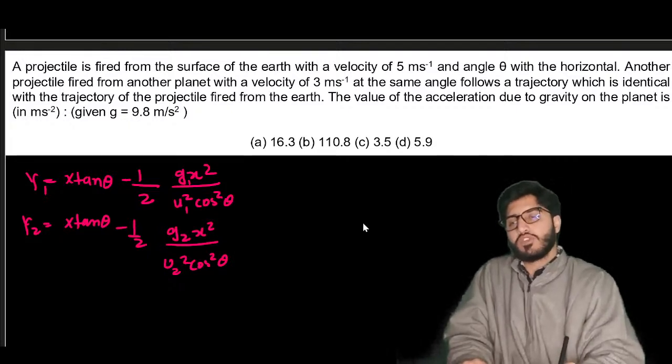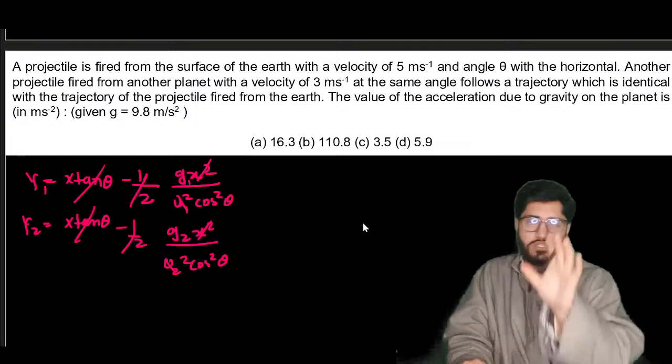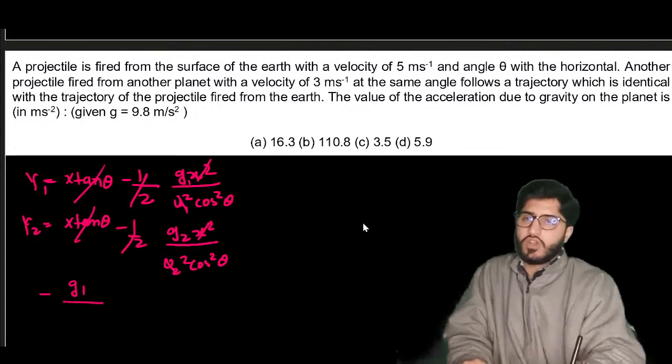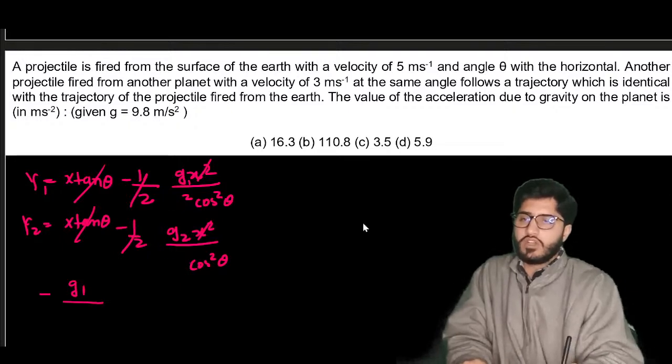If both are the same, this will cancel out and this will cancel out. Look now, x cancels out. We cannot cancel out u, it will be u1 square and u2 square.